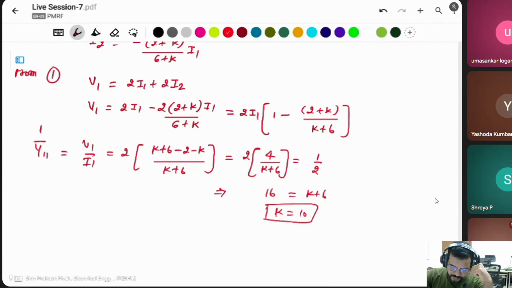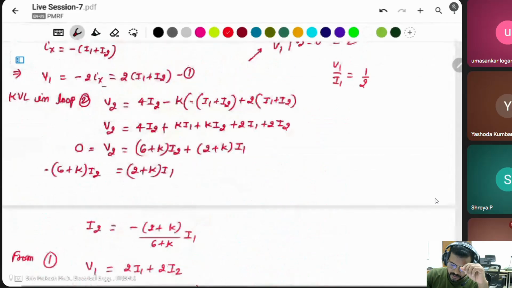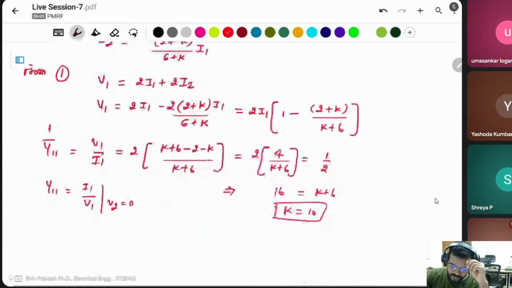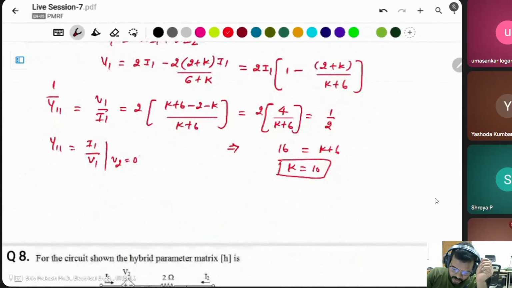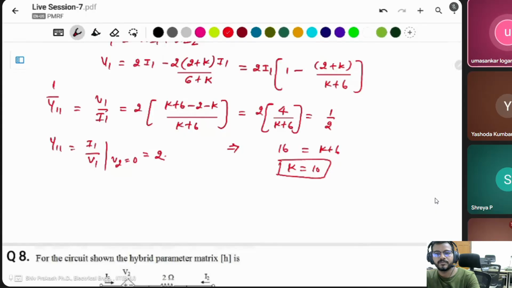Okay. Actually y11 is equal to I1 by V1 when V2 is equal to 0. And this is given in the question as 2. Sir, that is mentioned 2 Siemens, right? Unit.